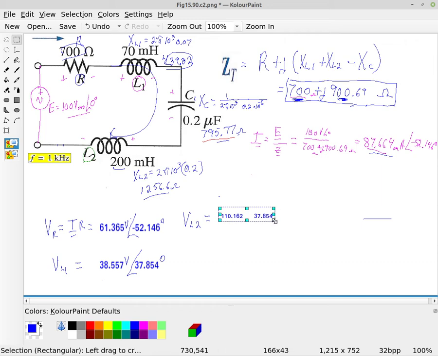Okay, so that's 110 volts at an angle of, again, a plus 37 degrees.